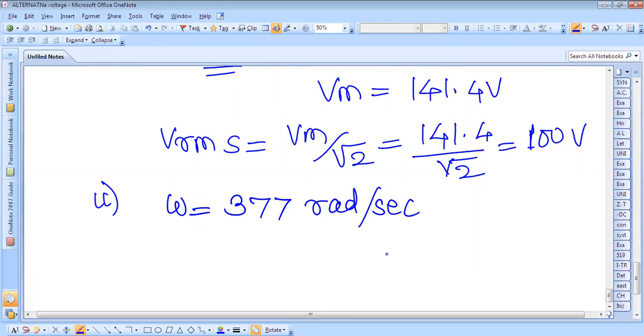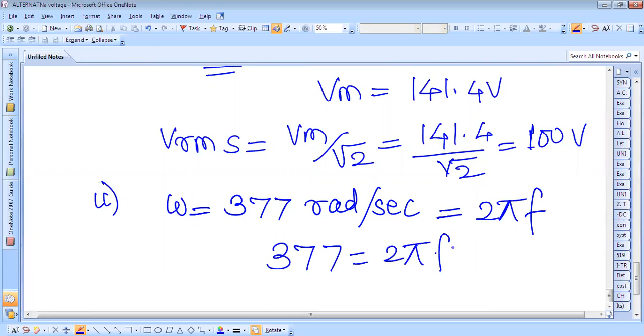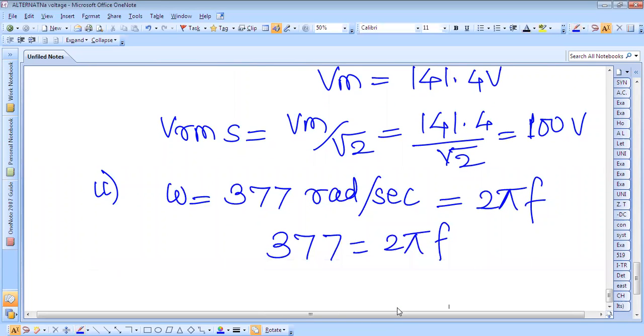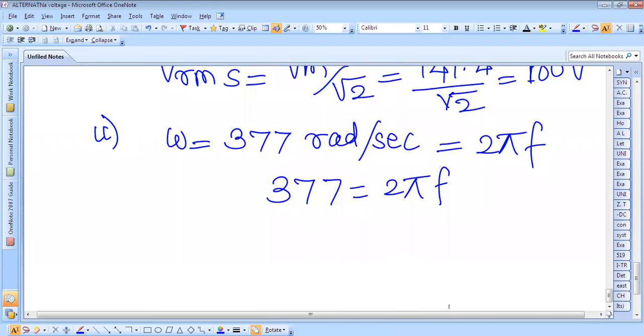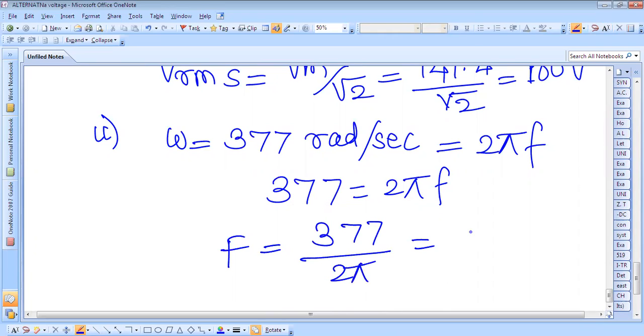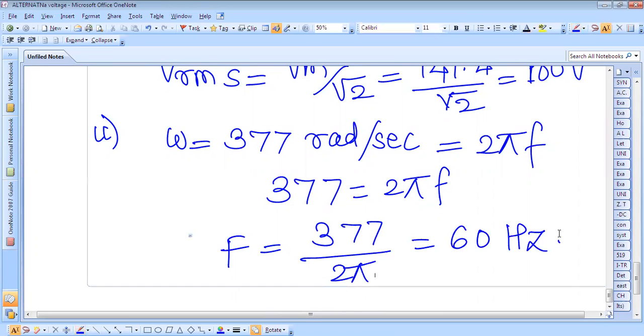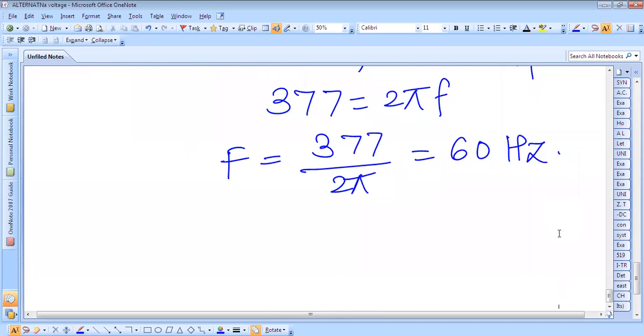This is angular velocity, radian per second, and therefore, which is also equal to omega is equal to 2 pi f. So omega is given 377 is equal to 2 pi f, and from this we can find frequency. Therefore, frequency is equal to 377 divided by 2 pi, and this is equal to 60 hertz.